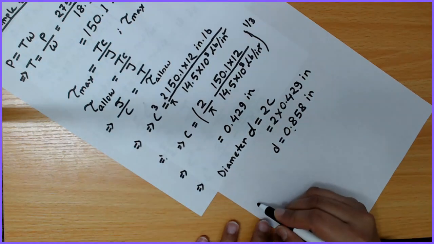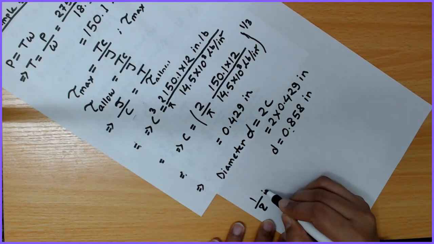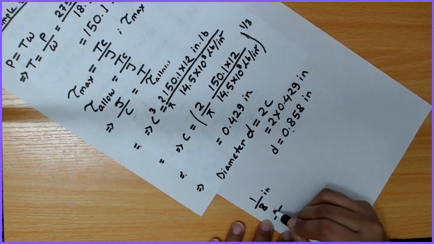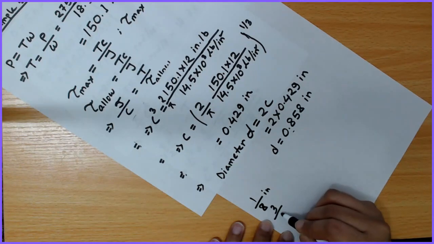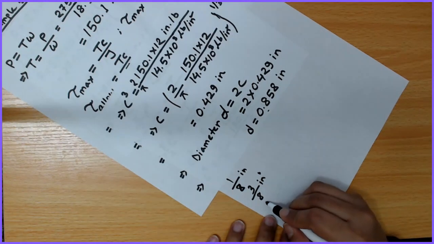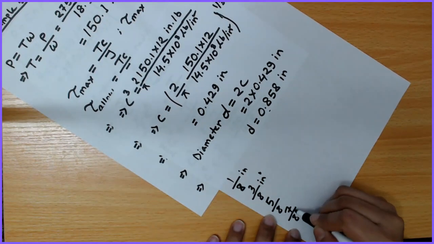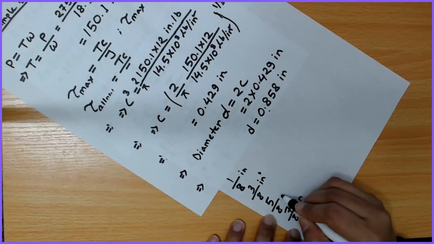Usually the diameters are, for example, 1/8 inch, 3/8 inch, 5/8, 7/8 inch.